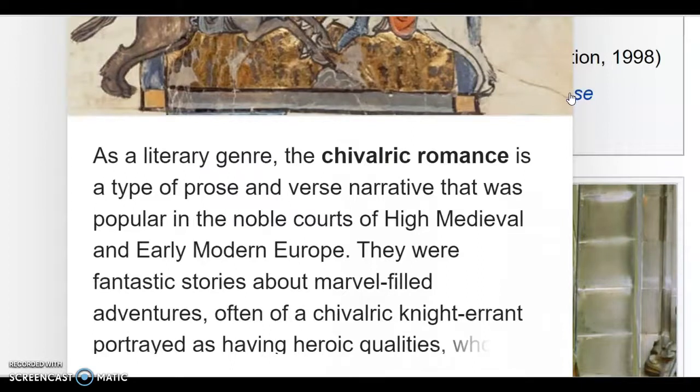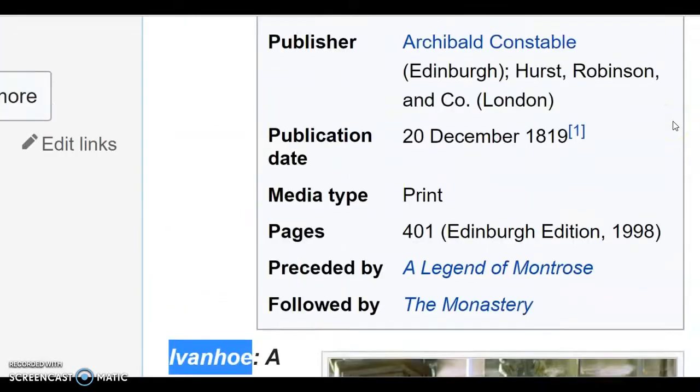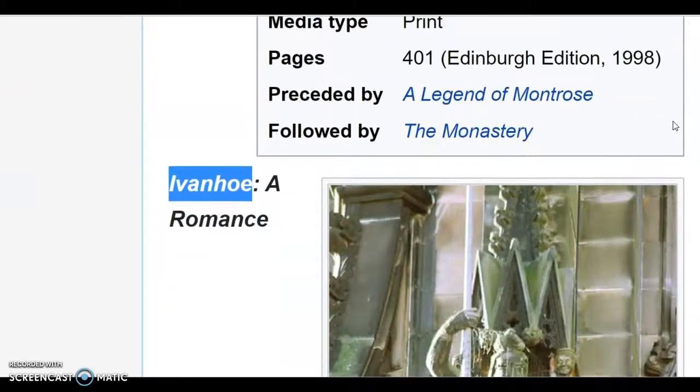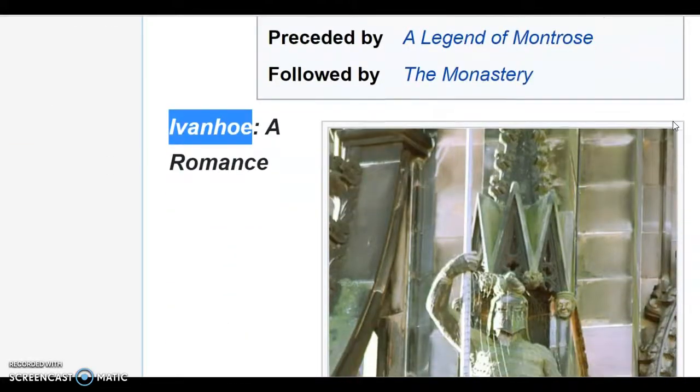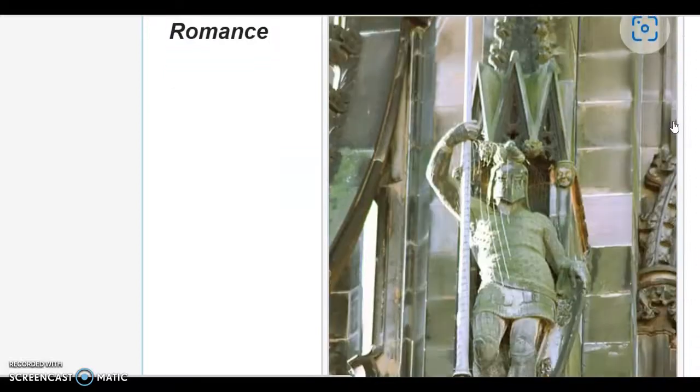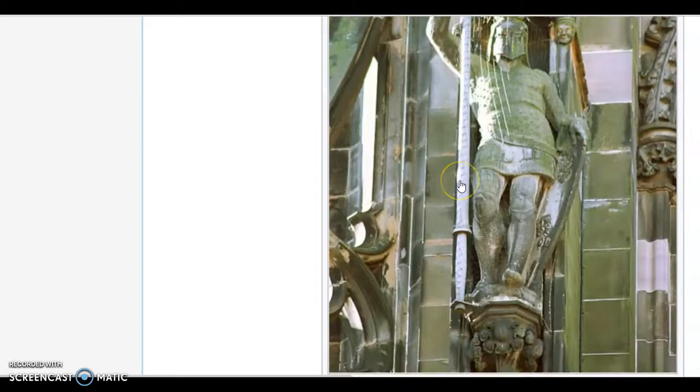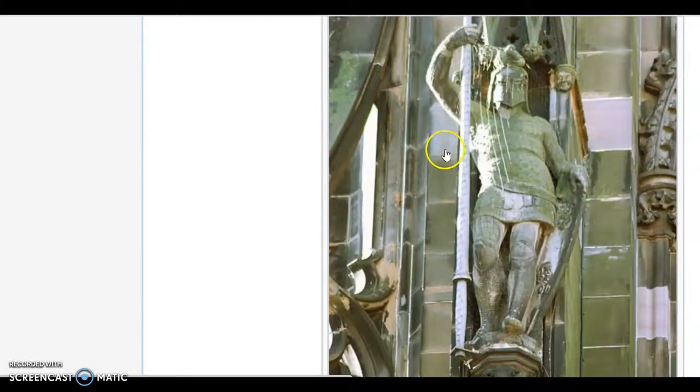So look at this, you can basically see where the Roman Empire comes from. The Knights Templar and that type of Greek style pose, isn't it?